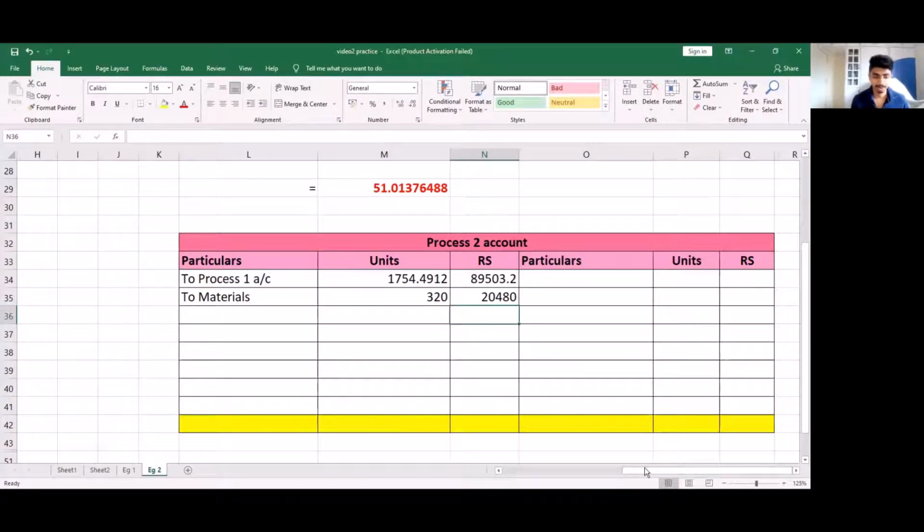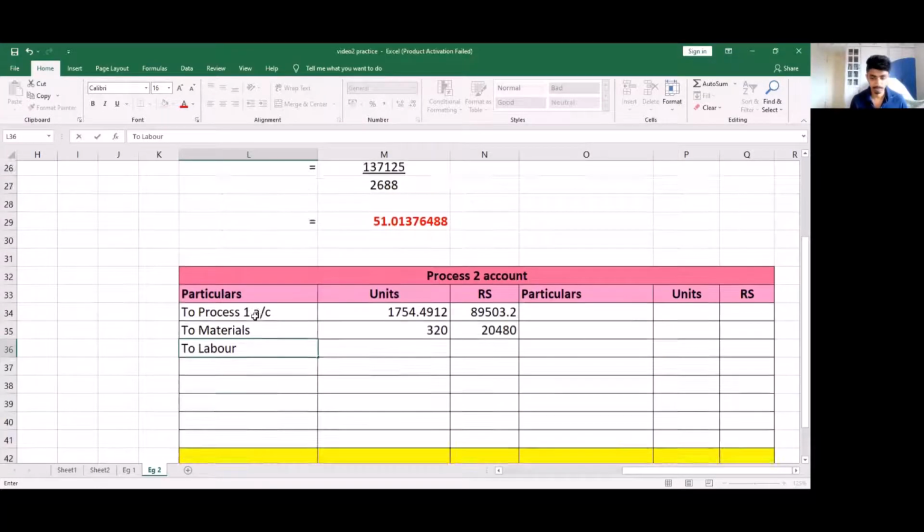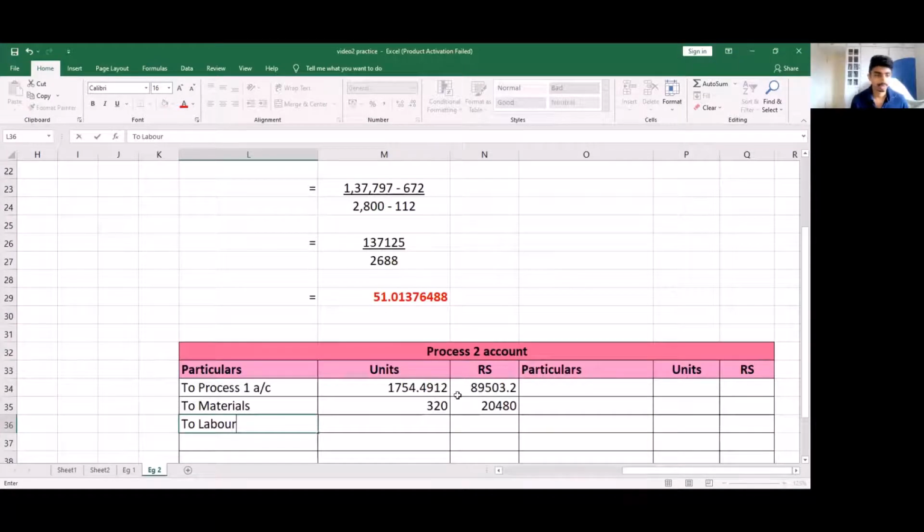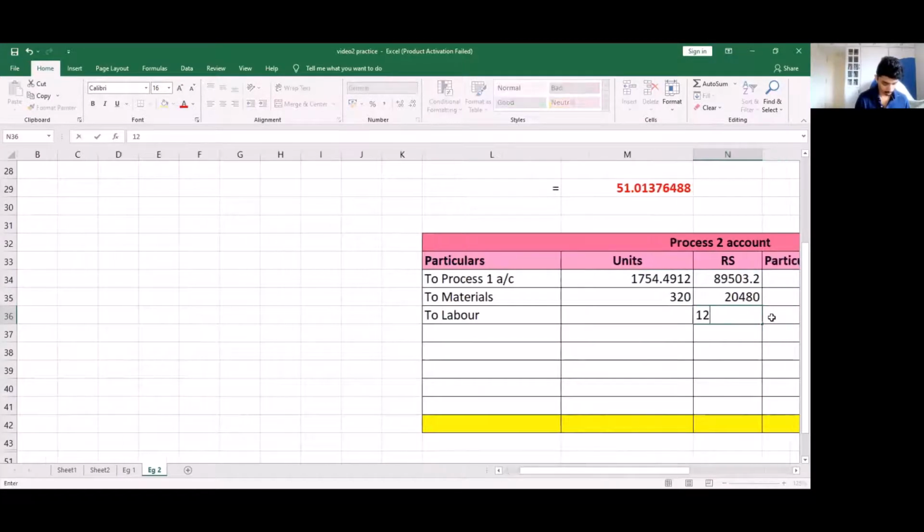Now we have labor. Labor for process 2 is 12,560. And then we have our office and admin expense.